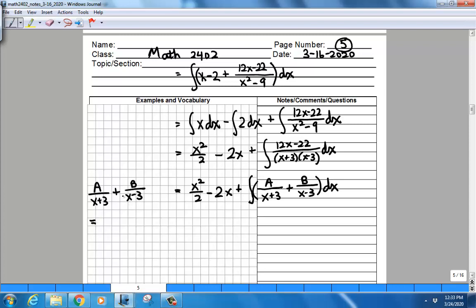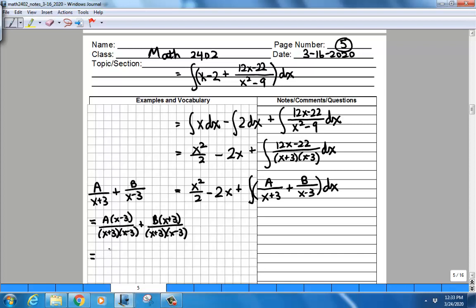And when you add these two fractions together, it's very similar to the prior example, right? You're going to get a times x minus 3 over x plus 3 times x minus 3, plus b times x plus 3 over x plus 3 times x minus 3.